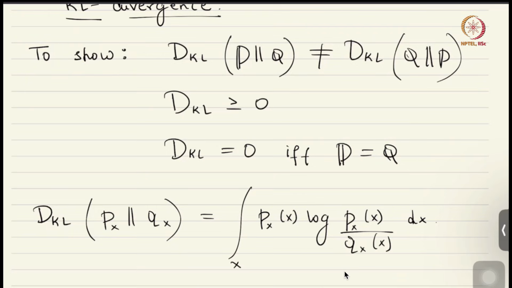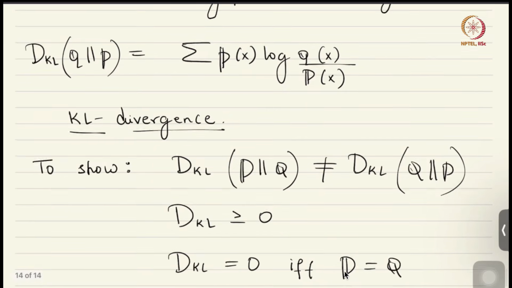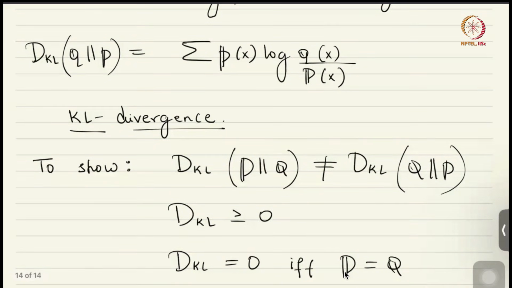It looks very similar to the discrete case. The only thing is these are density functions now, and cannot be interpreted as probabilities. The KL between P and Q, here it was between Q and P, so it's P log Q by P, here it is P log P by Q.